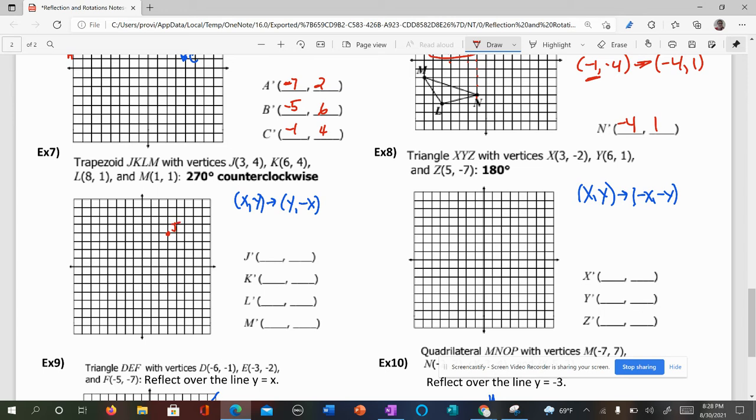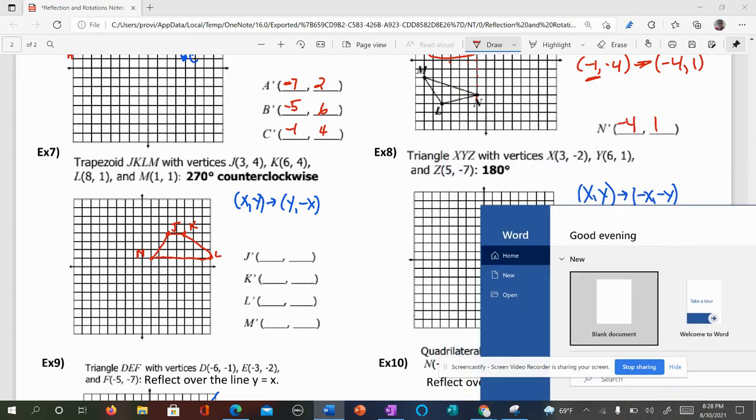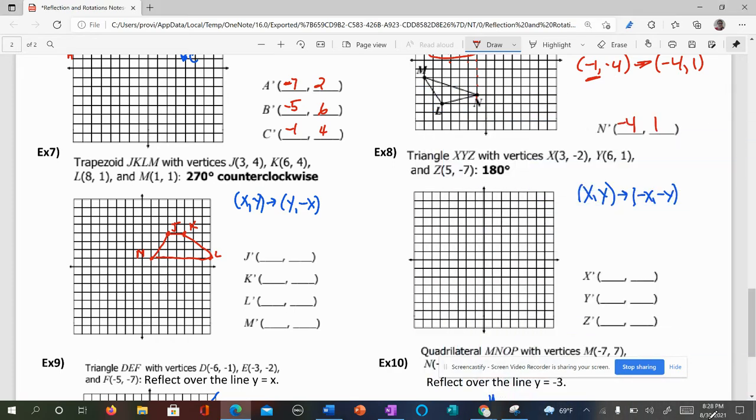That's J. So that's 4, 6, K. 8, 1 is L. And 1, 1 is M. If I did that too fast, you can always pause the video and do it on your own time.